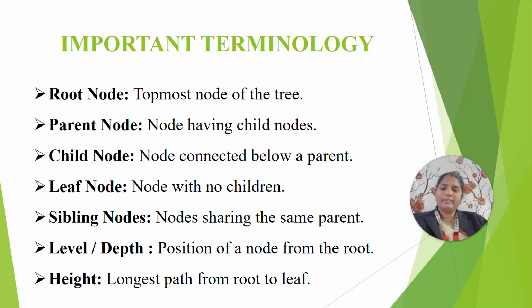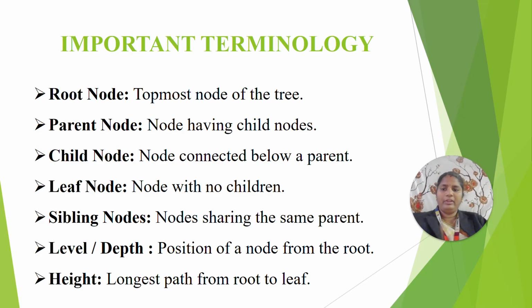Next concept is level and depth of the root. Level means the position of a node from the root. We will see this in detail in the next example. Level tells whether the node is in the first, second or third position. The last concept is height. The height is the longest path from the root node to a leaf node. These are the basic terminologies used.